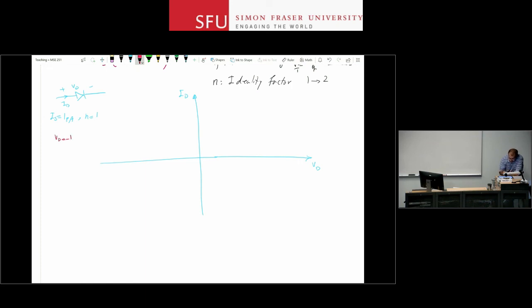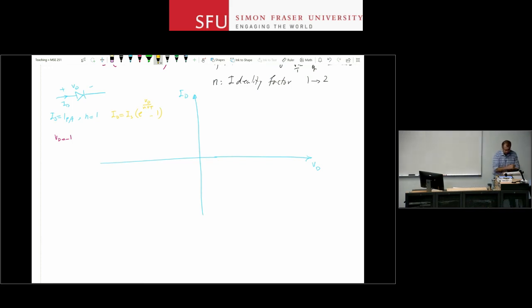And I have this expression to calculate the current for a given value of input voltage, IS e to the VD over NVT minus 1. So for any value of VD, I'm going to calculate the value of ID from that expression.